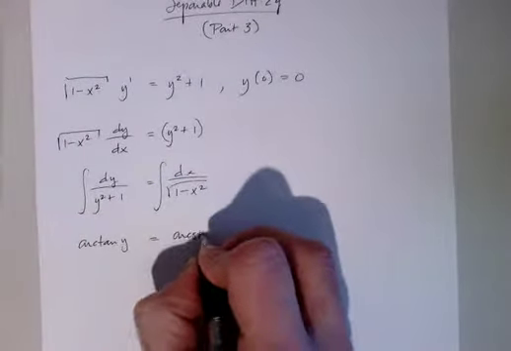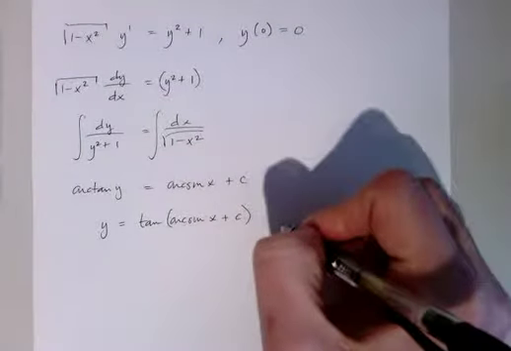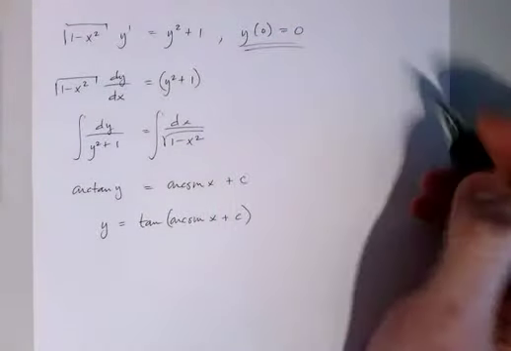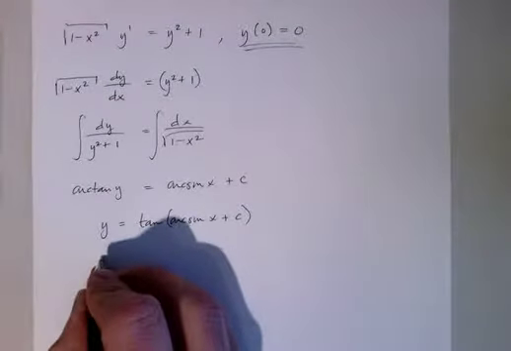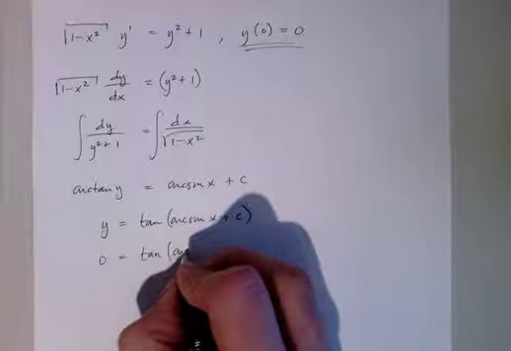And of course, when I isolate y, I'm going to get the tangent of arcsine x plus c. Uh-oh. Okay, well that might actually look a little bit daunting, but that's not really that big of a deal because remember, that's the general solution. I'm looking for the particular solution, so I'm going to go ahead and plug in 0 for both my input and my output.